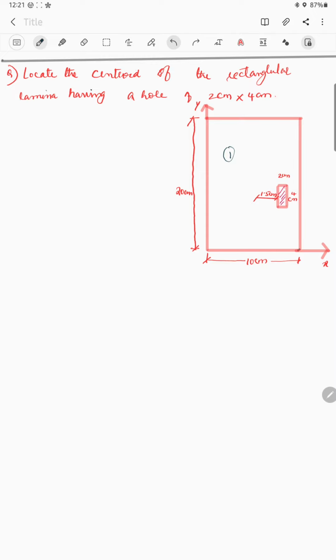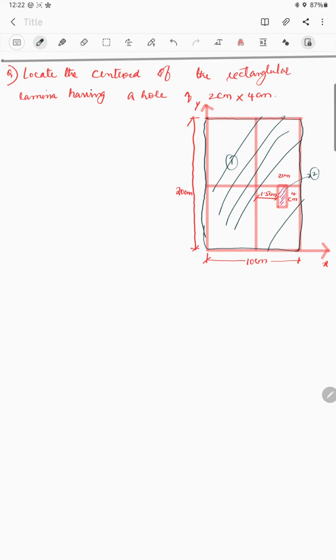These are the locations of the central points, all the central points of the figure. So I'll name this as figure 1 and figure 2. The part I'm highlighting with the black pen is our figure 1. Out of this entire figure 1, we will remove this part.